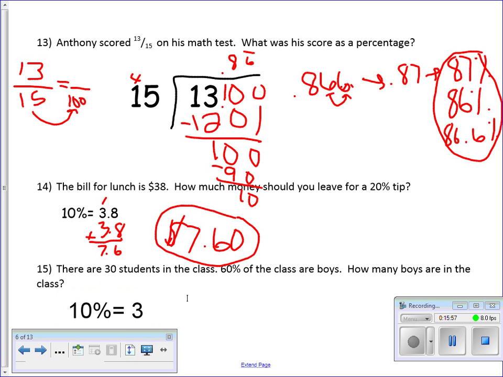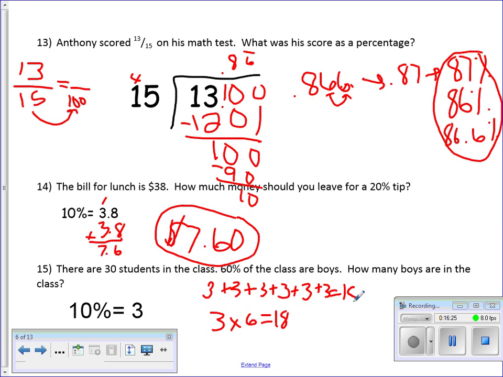So if I want to find 60%, well, here's 10%, here's 20%, here's 30%, here's 40%, and I could go on until I get to 60%, or I could just take 10% and multiply by 6 because we want 60%. We get 18 either way.